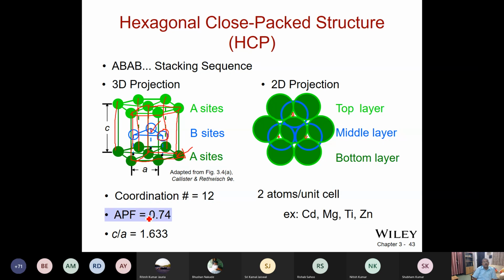Face-centered cubic has an atomic packing factor of 0.74 and coordination number 12. They also have close packing of atoms. I'll show you just like this. But face-centered cubic unit cells or metals have a lot more ductility than metals having close packed hexagonal structure. Why? That question we shall answer.